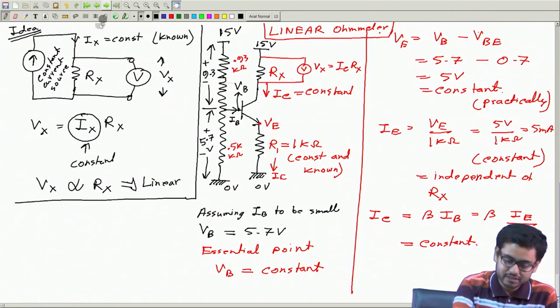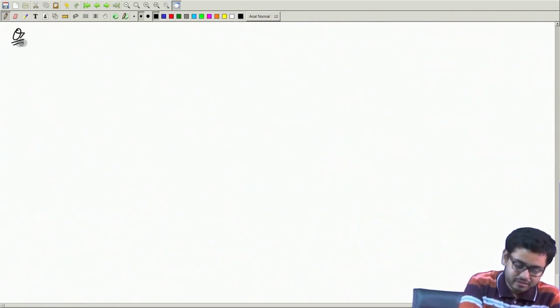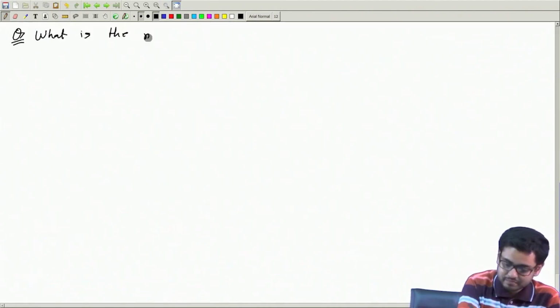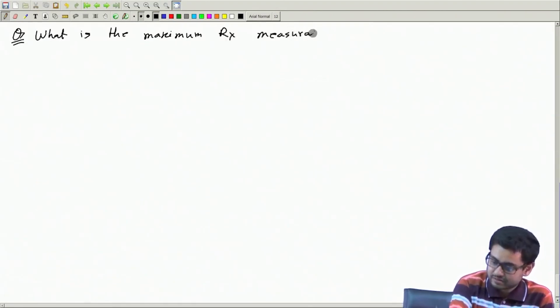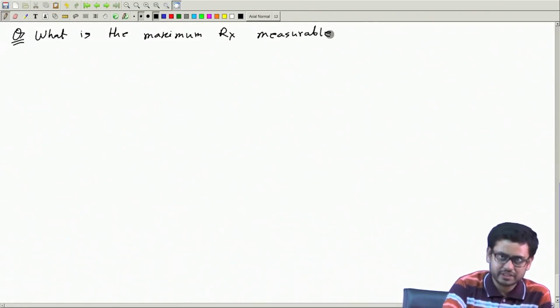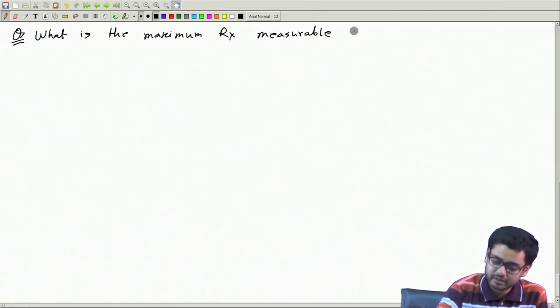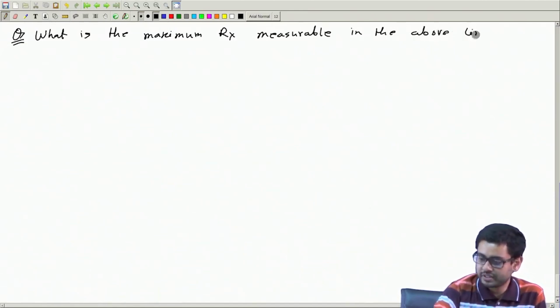So let's ask, approximately what is the maximum Rx measurable in the above linear ohmmeter.